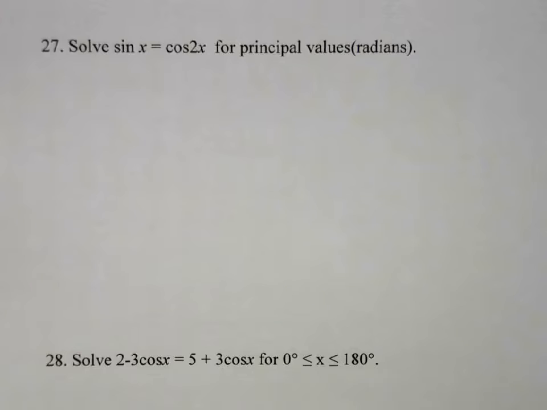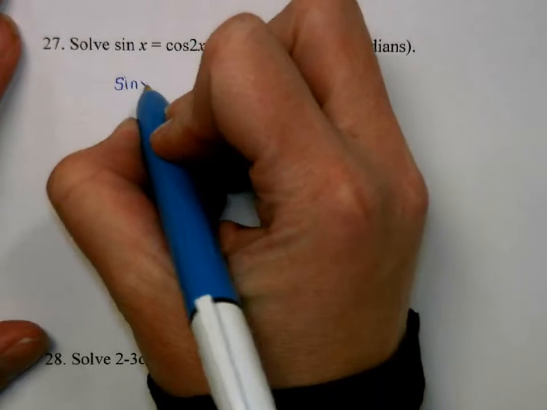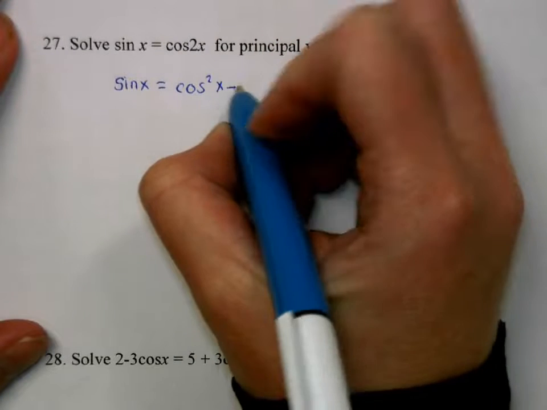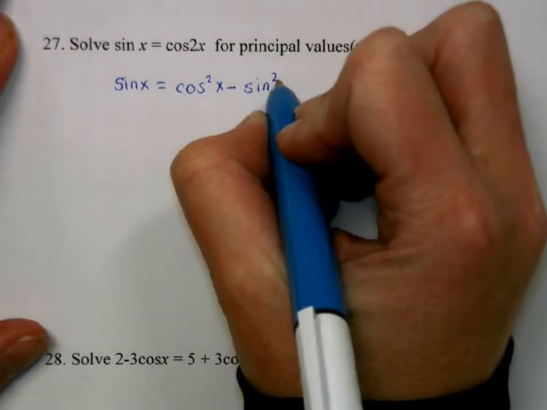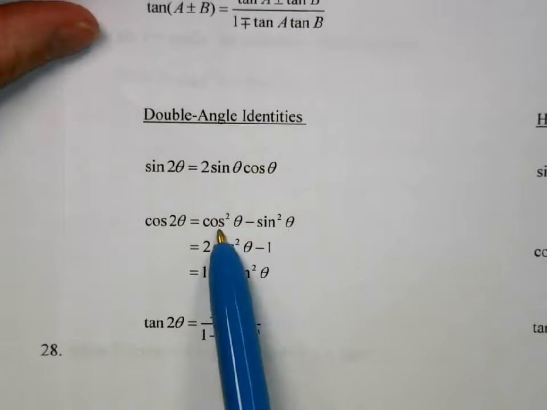We have a cosine 2x, so I'm going to replace that with cosine squared x minus sine squared x. Or you can use one of the variations, and probably a better choice for that really would have been, so we have cosine squared minus sine squared. We have the two versions where we've replaced this with 1 minus sine squared and this with 1 minus cosine squared.